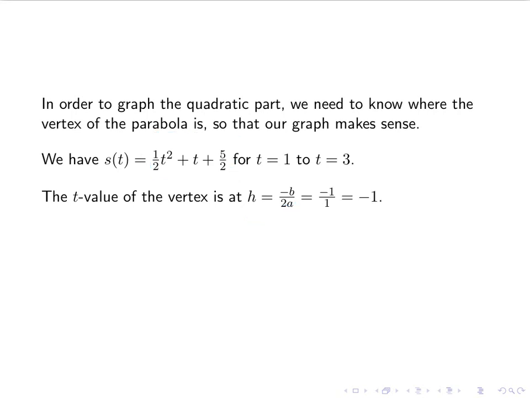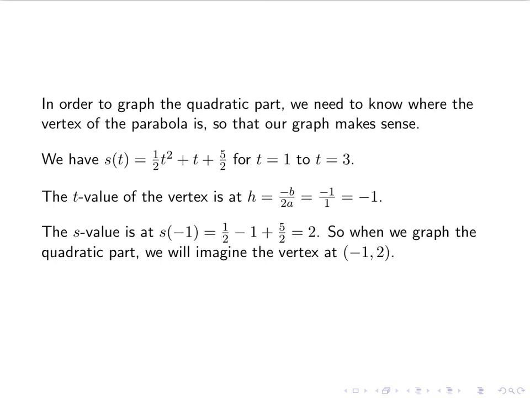So that's going to be negative 1 over 1. So b is 1, a is 1/2, so I get negative 1. I plug that in to find the s value of our vertex. And we get 1/2 minus 1 plus 5/2, which gives us 2. So when I graph it, I'm going to visualize the vertex being at -1, 2.